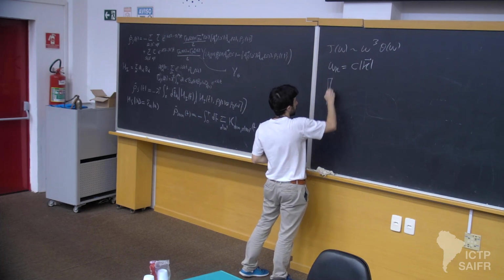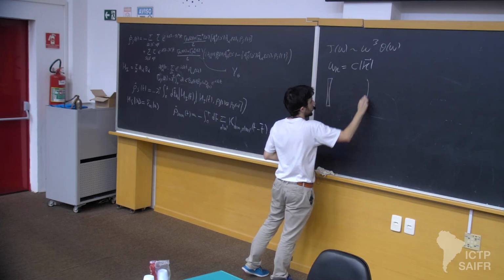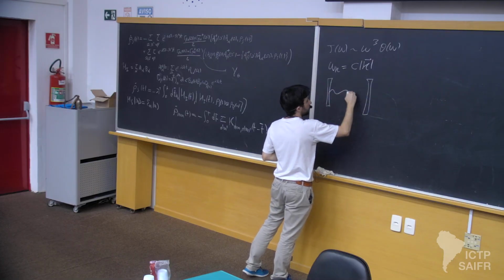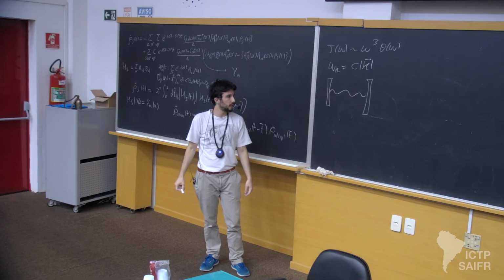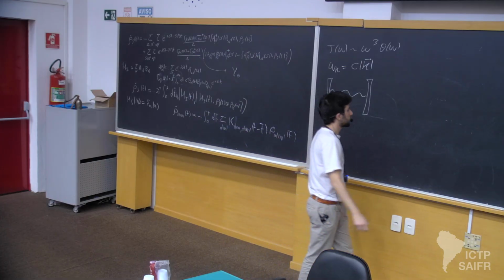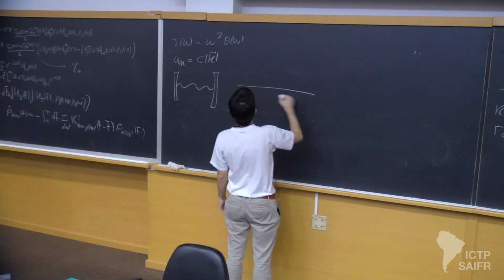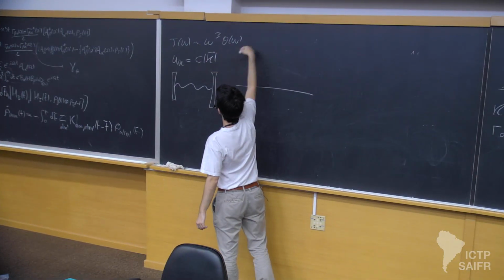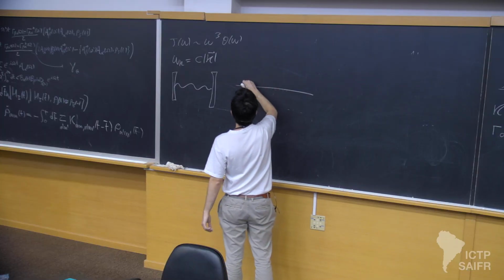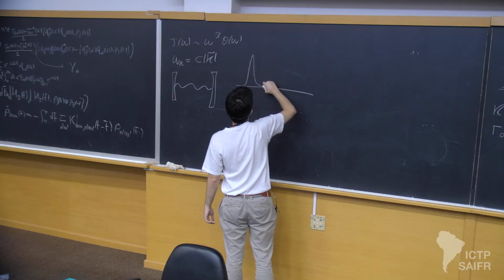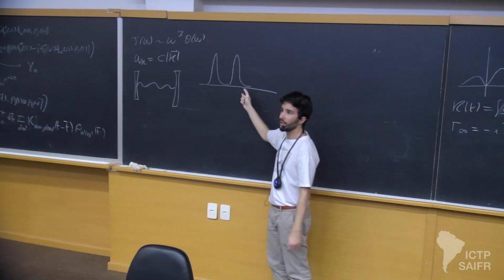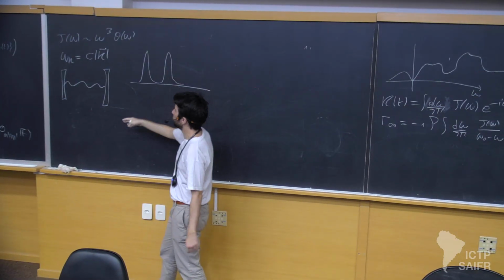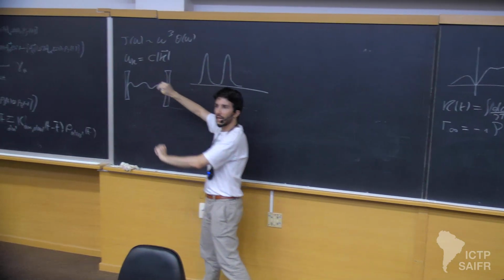In a cavity, you have quantization of the electromagnetic modes. So if you look at the spectrum, you're not going to get a nice, smooth polynomial, but a series of peaks at the resonance frequencies of the cavity, with a certain width determined by the quality of the cavity.